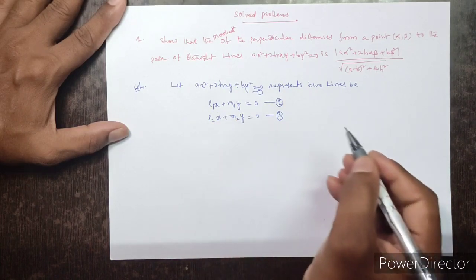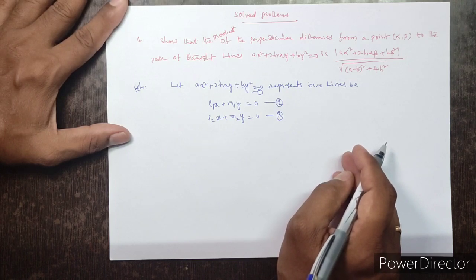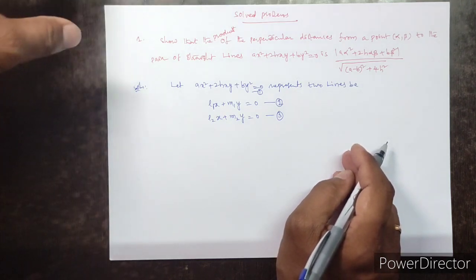L1x plus M1y equal to 0 and L2x plus M2y equal to 0 are the two lines.